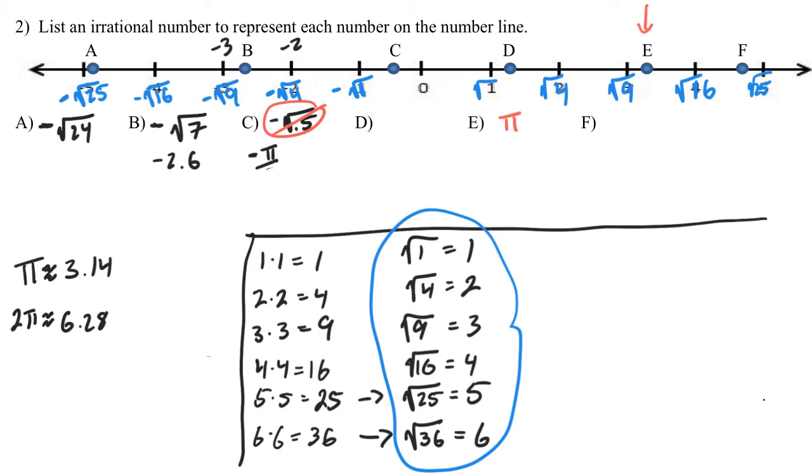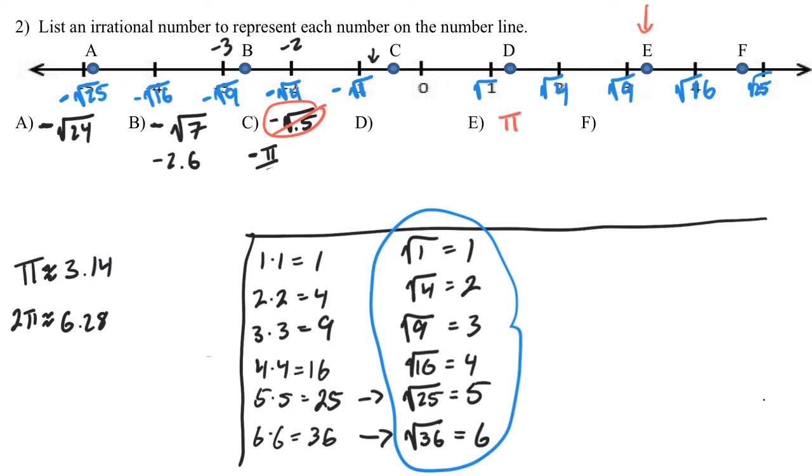So let's try 4. All right, so real quick, type that in your calculator. And that will give us negative 0.7. But I would think that negative 0.7 would be a little bit closer to that negative 1 than where our C is located. So I'm going to step it up.